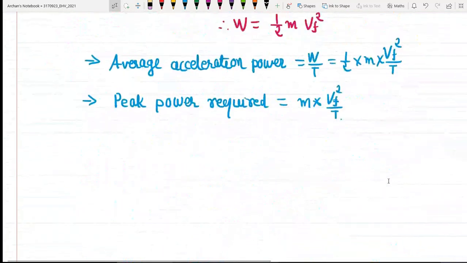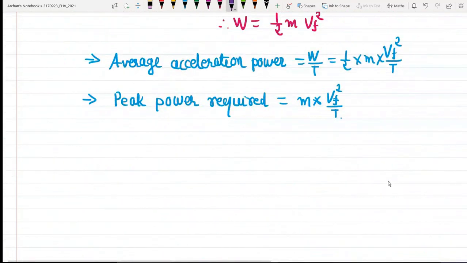Here for first t by 2 seconds I am accelerating my vehicle.